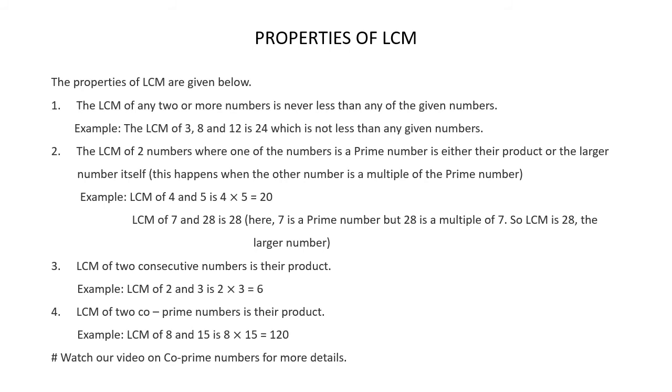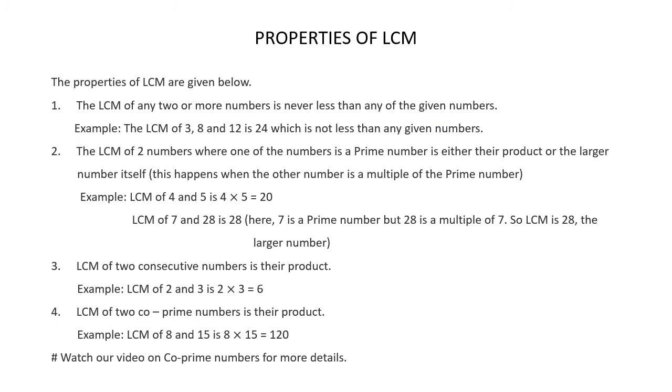For example, the LCM of 3, 8 and 12 is 24. Now 24 is not less than any of the given numbers. That is 24 is not less than 3, 24 is not less than 8, 24 is not less than 12. So the LCM of any two or more numbers is never less than the given numbers.